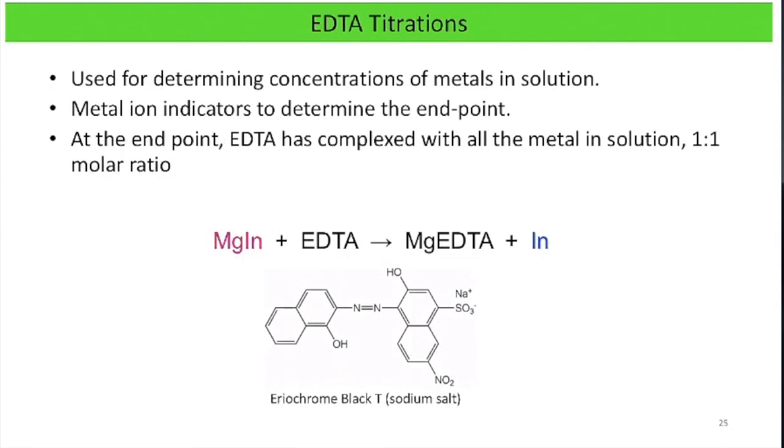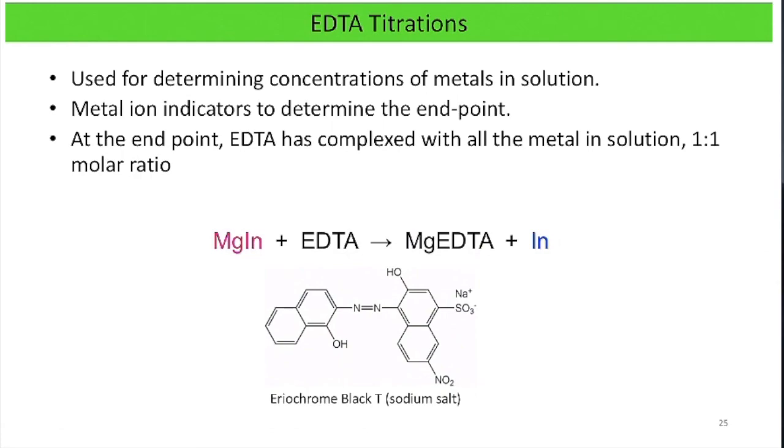EDTA titrations are used for determining concentrations of metals, and we use a metal ion indicator to determine the endpoint. Remember, the indicator works by first complexing to the metal itself, and that will have a specific color. But then when EDTA is added, the EDTA displaces the indicator, creating the EDTA metal complex, and the indicator is then free in solution, no longer complexed to the metal, and it will have a different color.